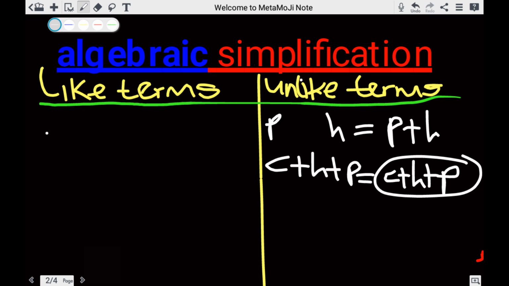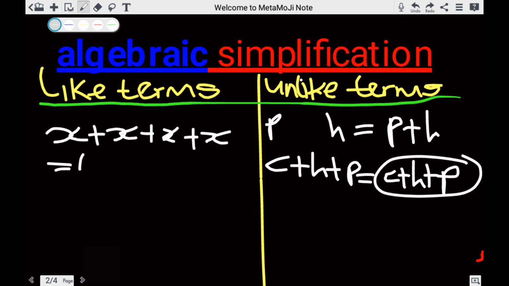Now consider this. What is s plus s plus s plus s? That is 1s plus 1s plus 1s plus 1s. There are 4s there, so it gives you 4s.